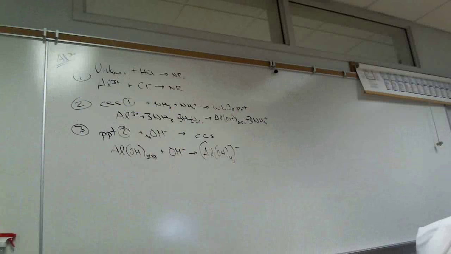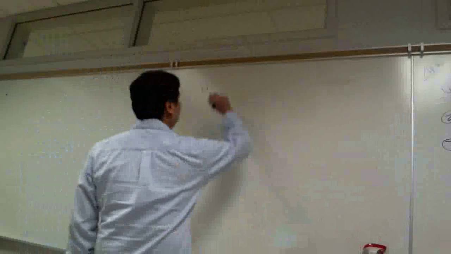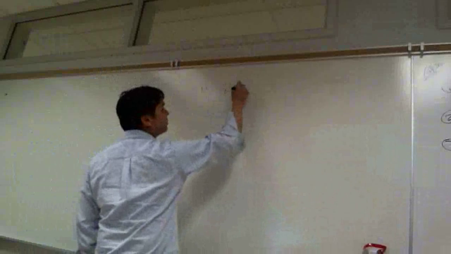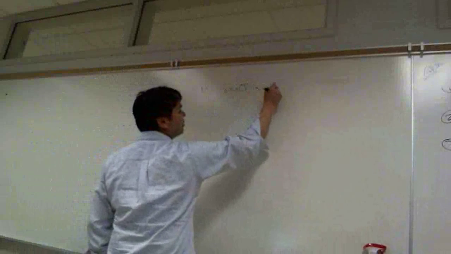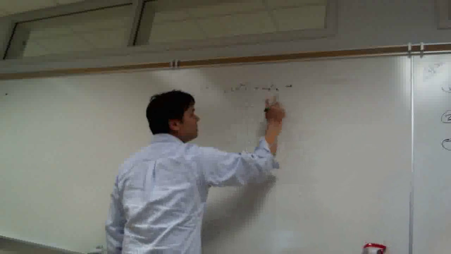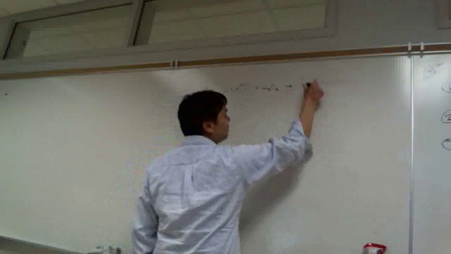And so the tetrahydroxyaluminate 3, does that react with hydrogen peroxide? So we'll see that in the next step here. We'll take our CCS from part 3 and react this with hydrogen peroxide. And the aluminum in the CCS part 3, we should have no reaction.